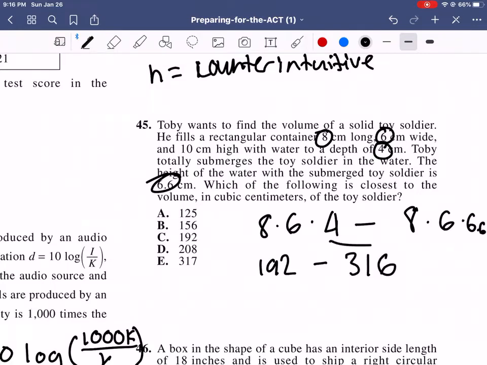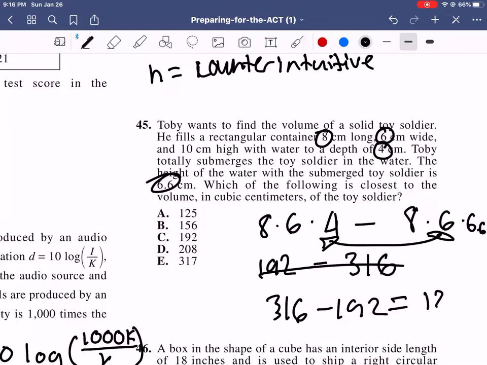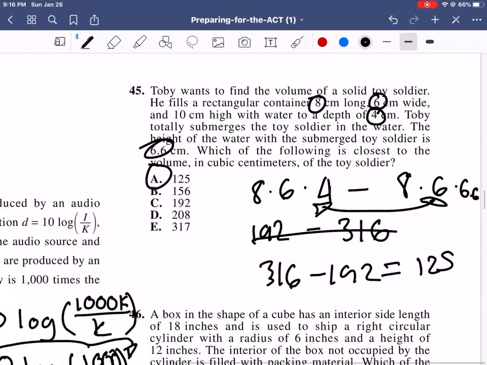Actually, I think it's backwards. So 316 minus 192 equals 125. Answer is A.